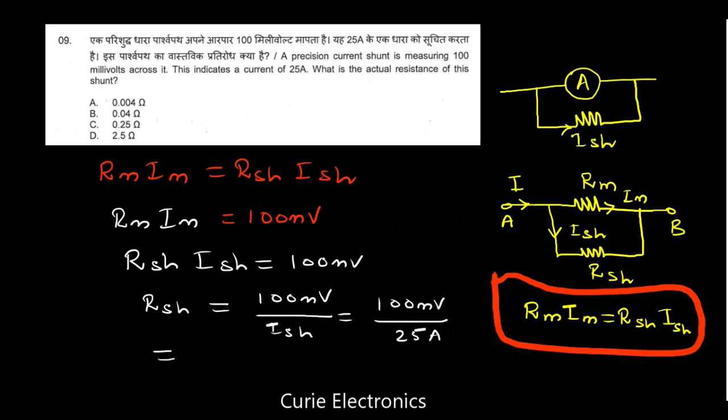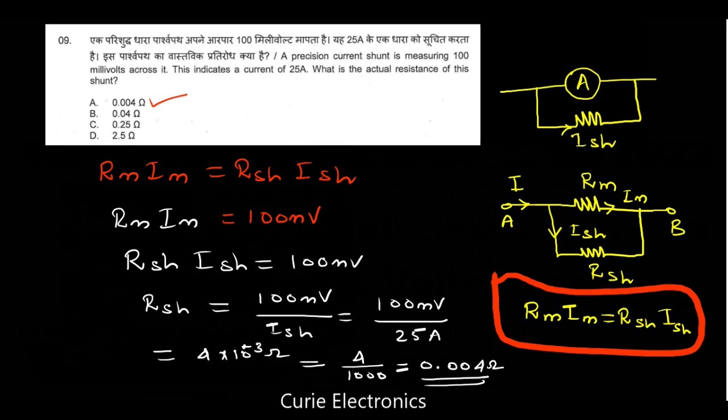Millivolt means 10 to the power minus 3. 100 upon 25 equals 4, so 4 multiplied by 10 to the power minus 3 ohm, that is 4 milliohms. If you want to convert, divide 4 by 1000, which gives 0.004 ohm. So 0.004 ohm is the right answer.